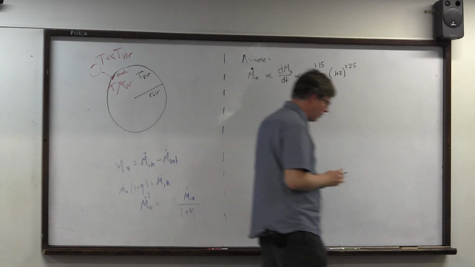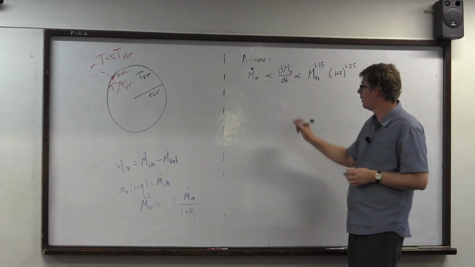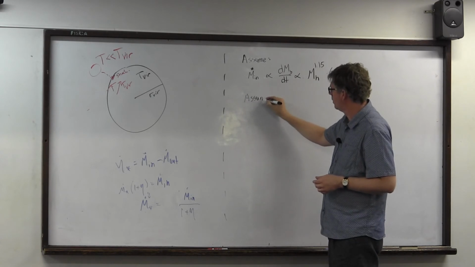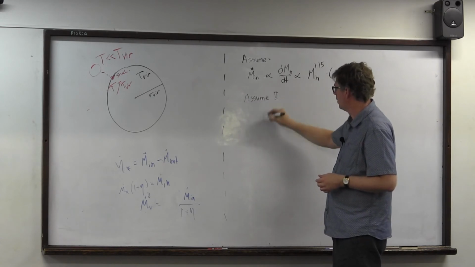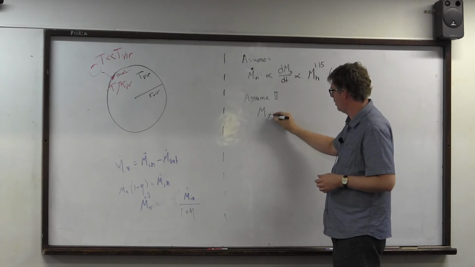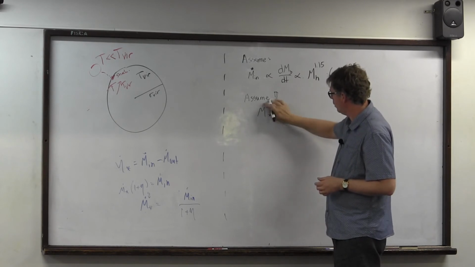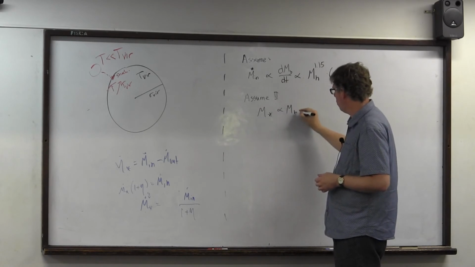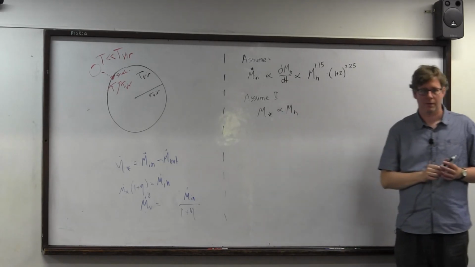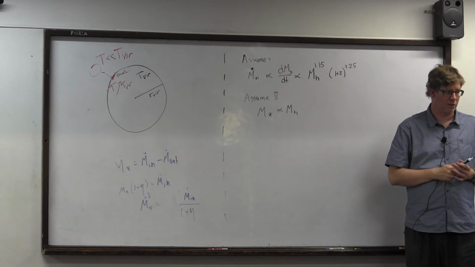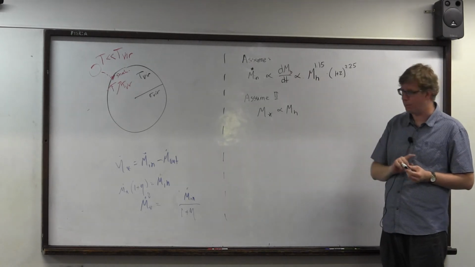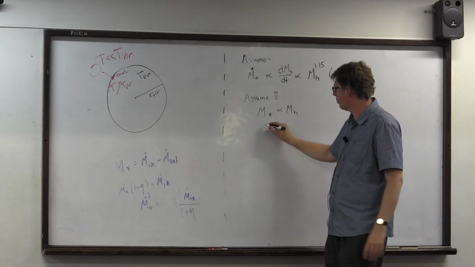So the next thing I'm going to assume, 2, that M star, not dot now, the stellar mass is proportional to the halo mass. Okay? That's a more problematic assumption. Well, as you'll see, this is also a problematic assumption, but let's assume so.